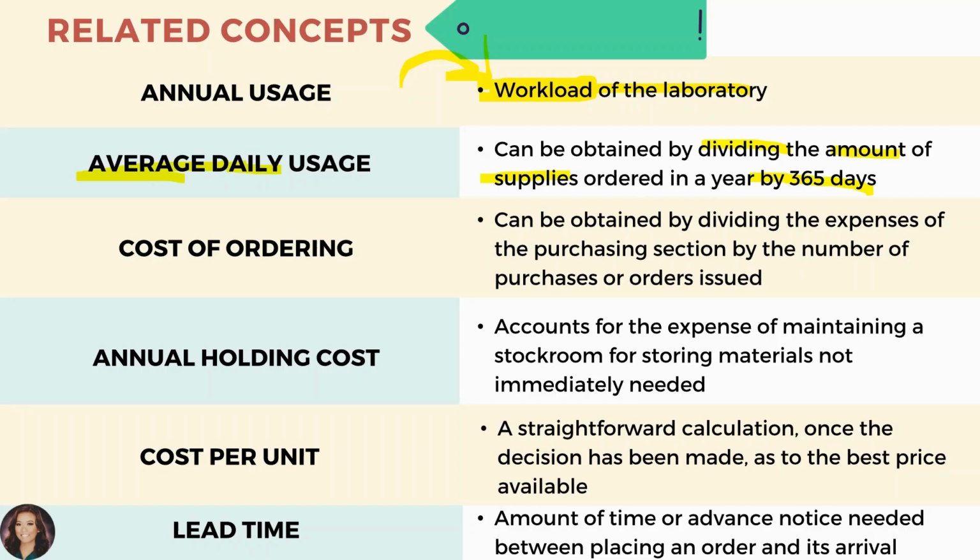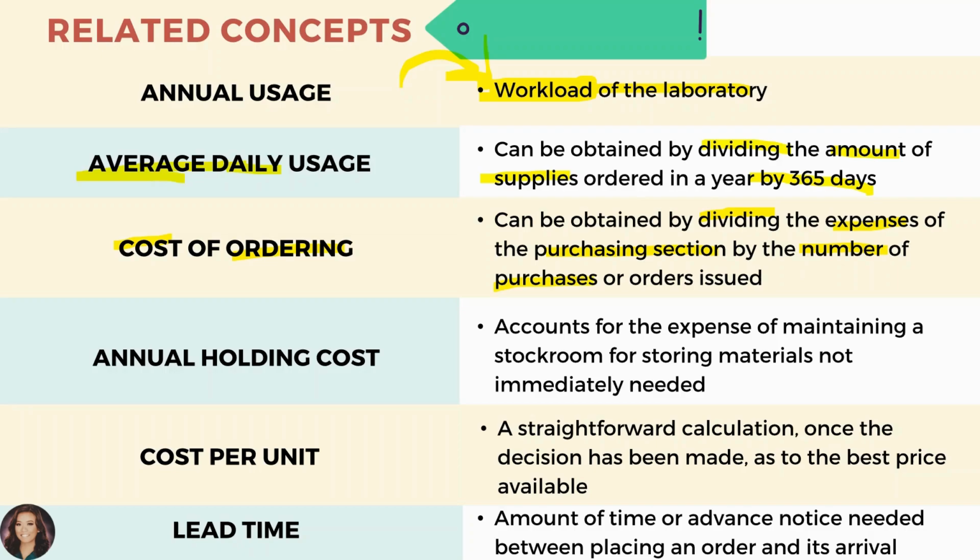Okay? Third is the cost of ordering. So cost, we're relating to the purchasing now, yung price ng pag-order natin. This can be obtained daw by dividing the expenses ng purchasing section by kung ilan the real number of purchases that was issued.